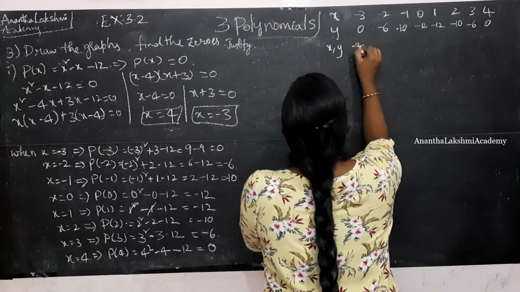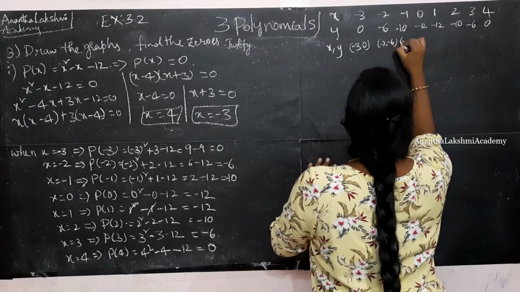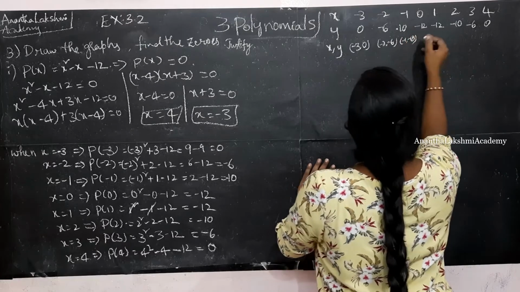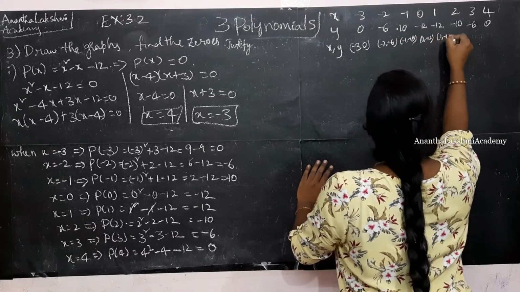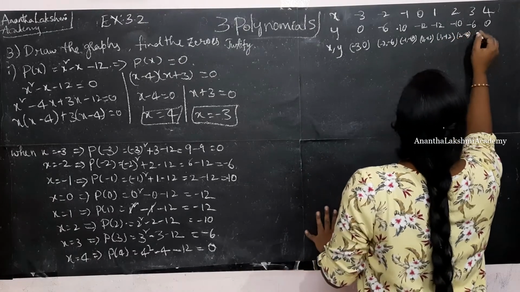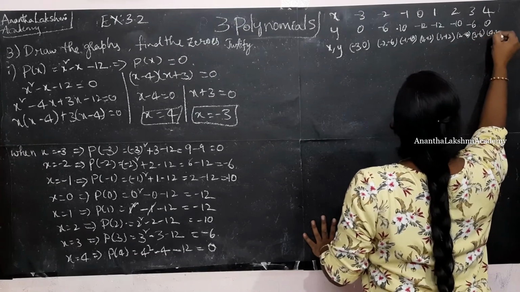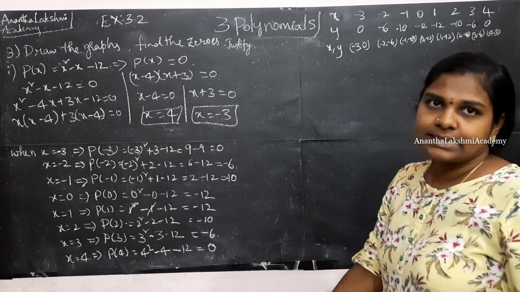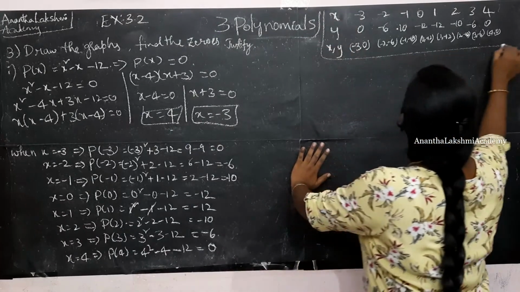If I am to write it in the form of ordered pairs, this is minus 3 comma 0, minus 2 comma minus 6, minus 1 comma minus 10, 0 comma minus 12, 1 comma minus 12, 2 comma minus 10, 3 comma minus 6 and 4 comma 0. The same values of x and y I have written in the form of ordered pairs.